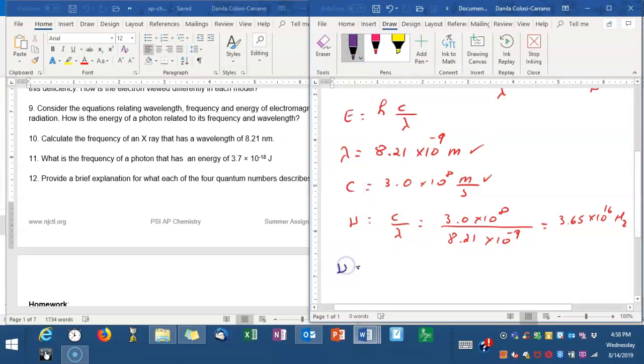What is the frequency of a photon that has an energy of 3.7 times 10 to the negative 18 joules? So you have energy and frequency, and this is the equation we will use.